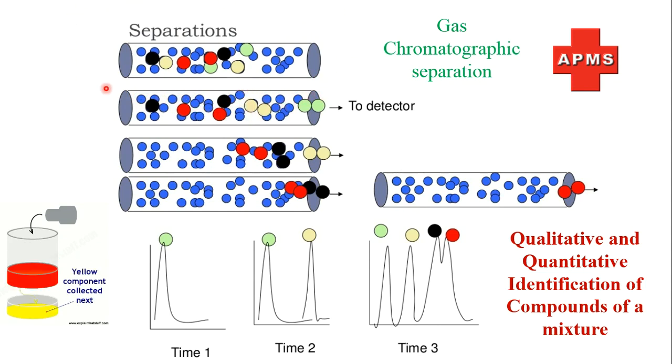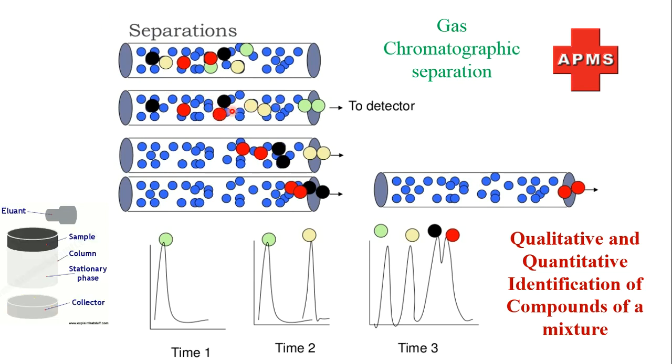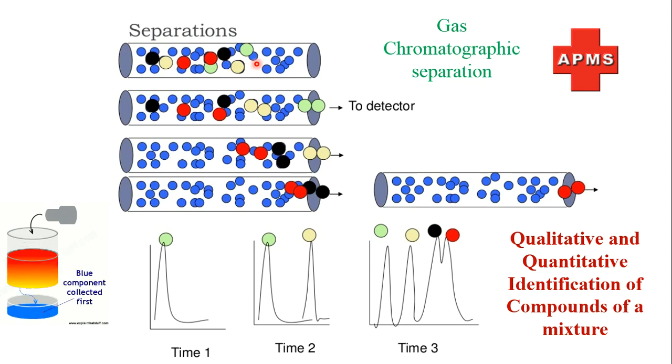could be an organic non-volatile liquid, that will be generally a non-polar non-volatile liquid, on which this separation of different components of the sample takes place inside the column.